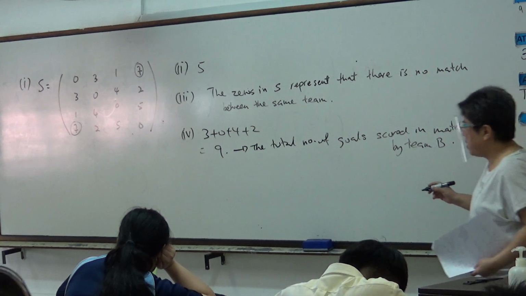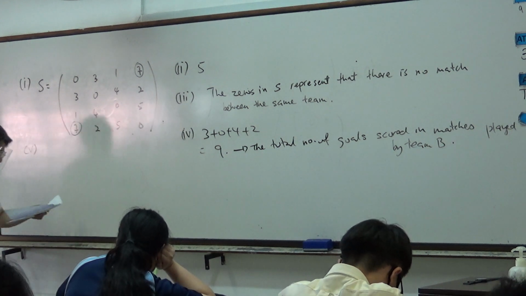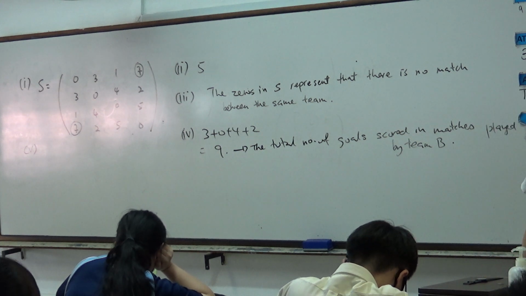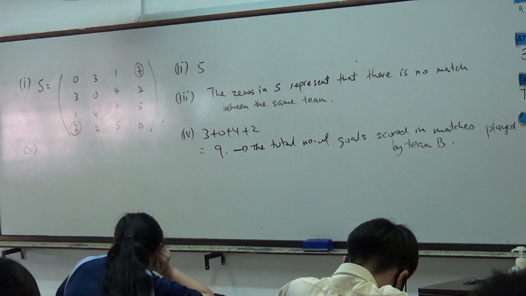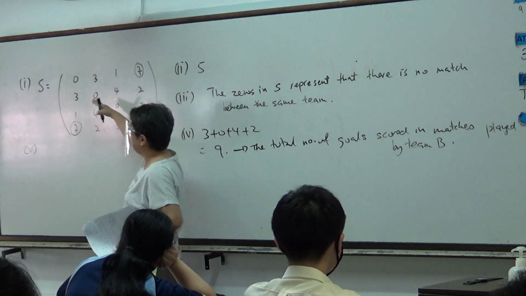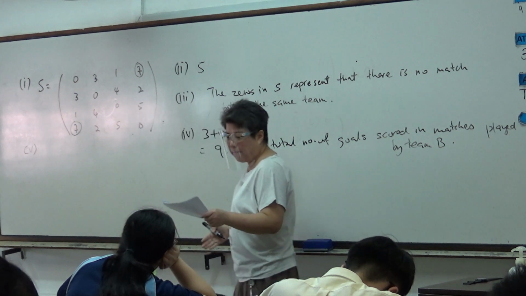Then they ask you to explain part 5. Okay, this is what I explained just now. Can you explain why the elements in S are symmetrical about the diagonal of zeros? You know what symmetrical means now? That means it's the mirror image of each other here. Because why?